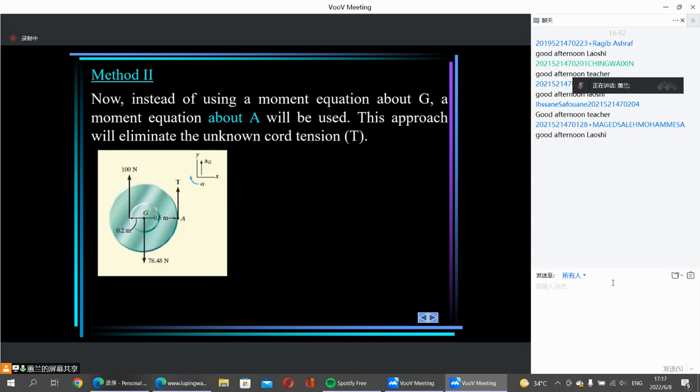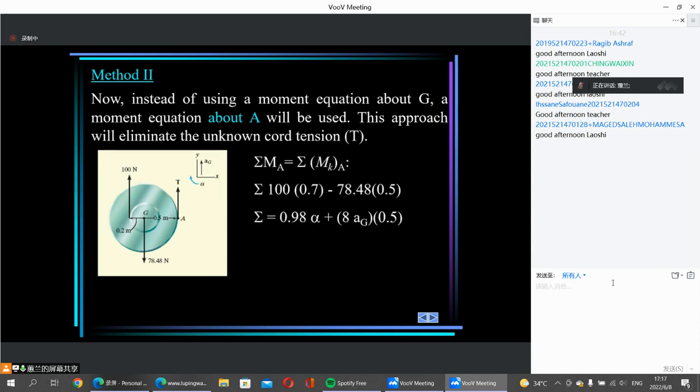So maybe instead of the mass center, this time we choose A to write down the moment equation. Why do we choose point A? Because the tension force is unknown and passes through point A, so it will produce no moment about point A.